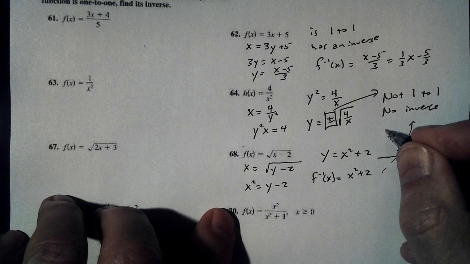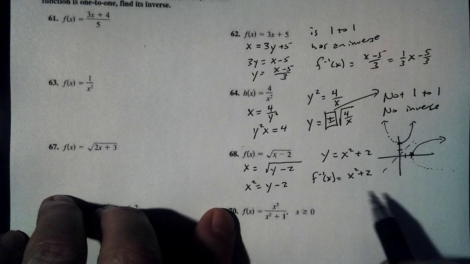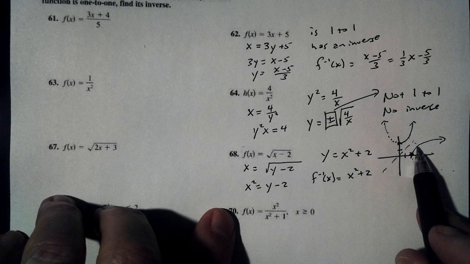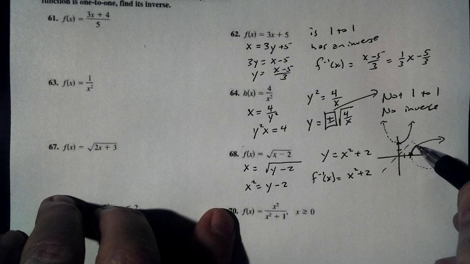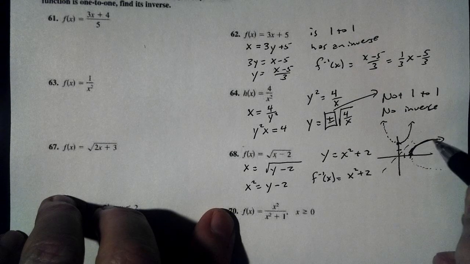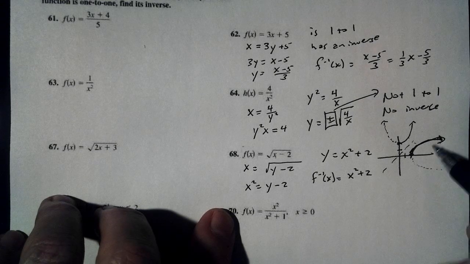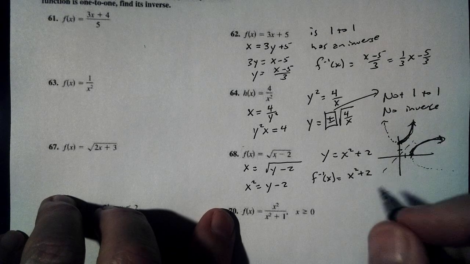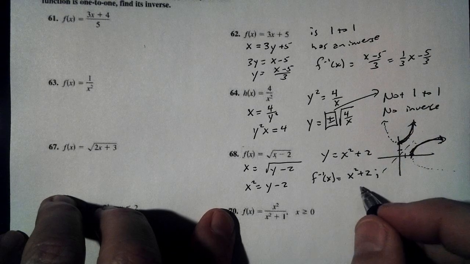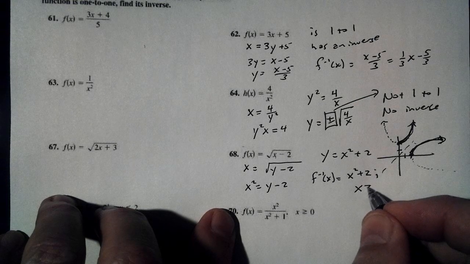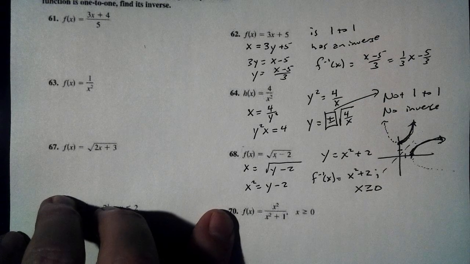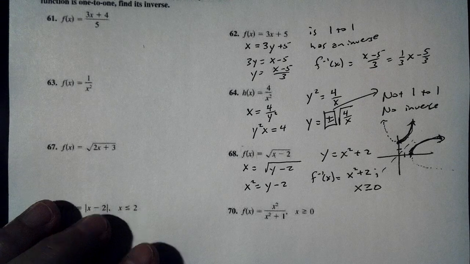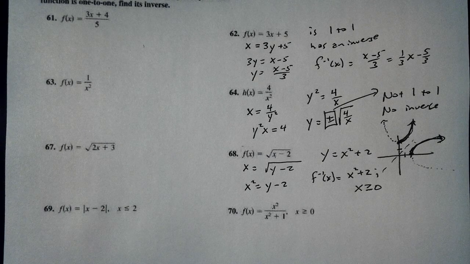That's half of our x squared plus 2 parabola right there. But we're only dealing with the part of that that's to the right of 0. So we actually need to state here x is greater than or equal to 0. So that part, a little bit sneaky right there.